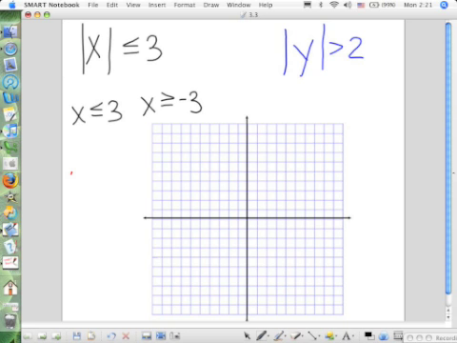X equals 3 is a vertical line going through 3. If I want to shade the region that is less than that line, do I shade to the left or the right of it? To the left. Not shading yet, though. I'm just indicating. This says x is greater than or equal to -3.